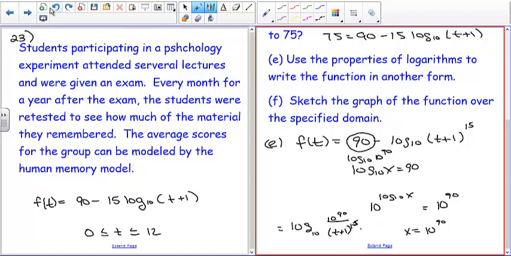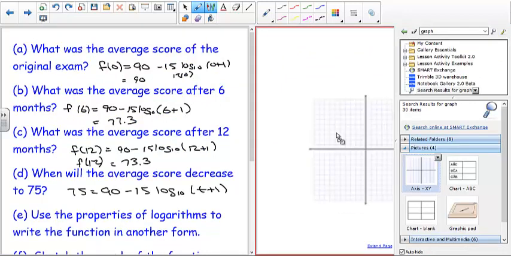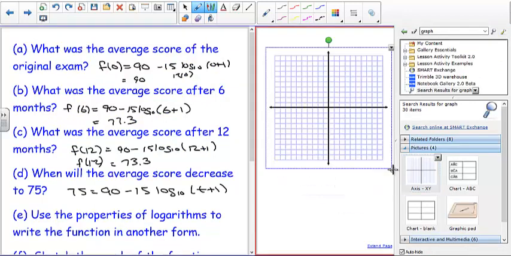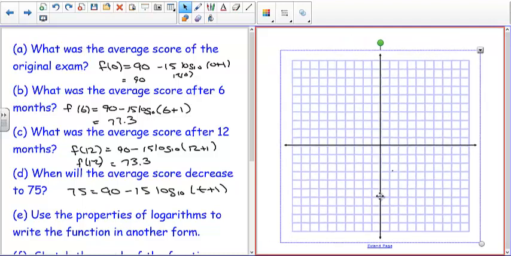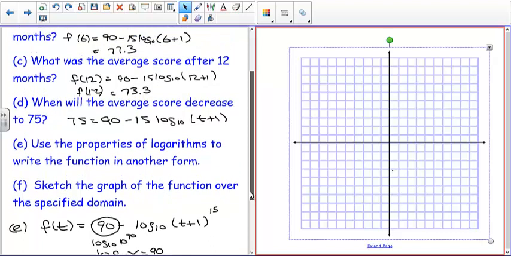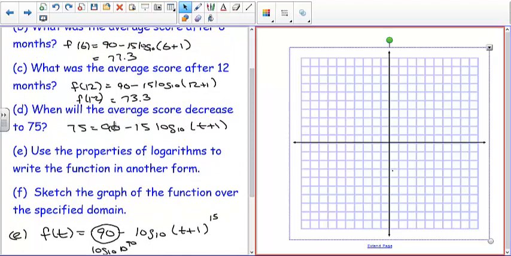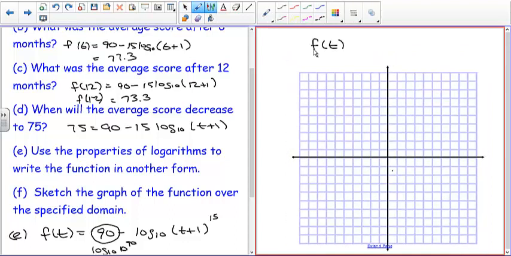Okay, and then the final thing is to plot what this thing looks like. So for the logarithmic function, we probably do what we did previously. Let's write the function down and think about what's going on here. F of t equals 90 minus 15 log base 10 of t plus 1.